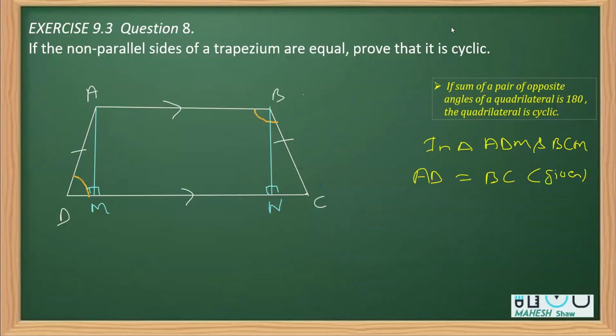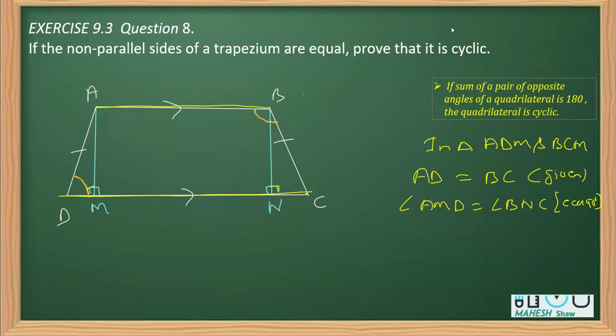Further, we know that these angles are 90 degrees. Here, angle AMD is equal to angle BNC, that is each 90 degrees. Now, also we know that the distance between two parallel lines is always equal.